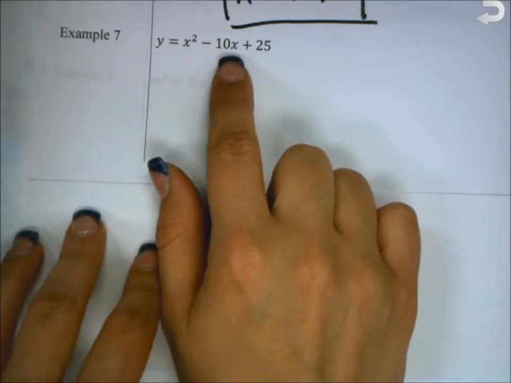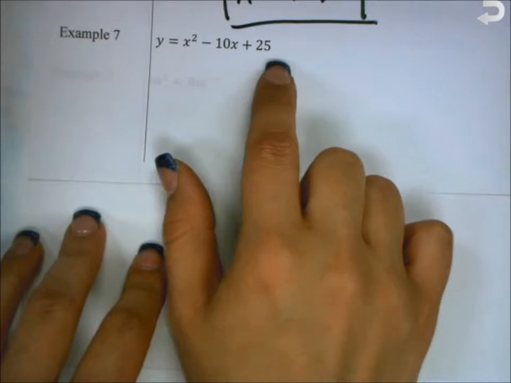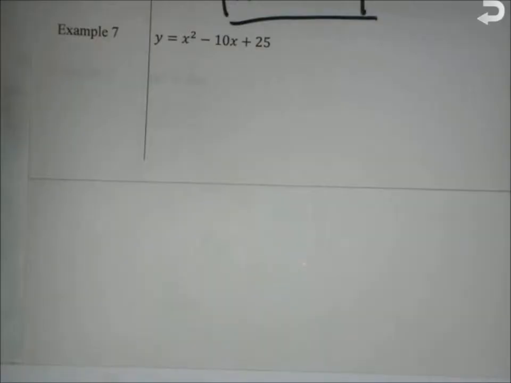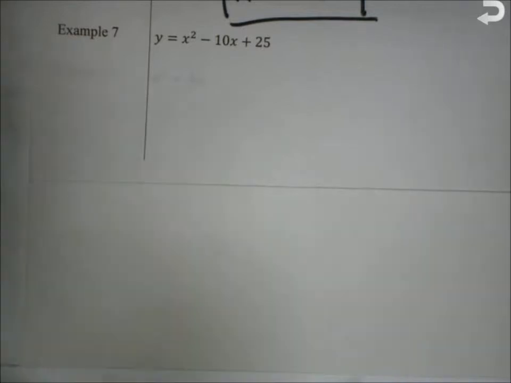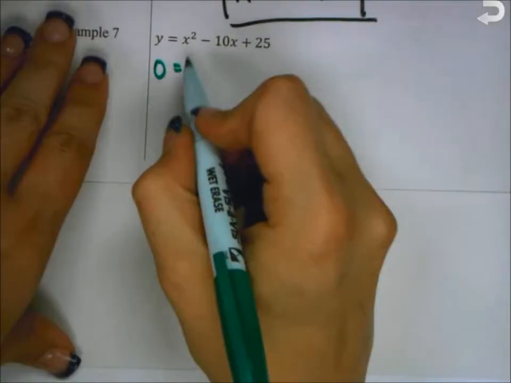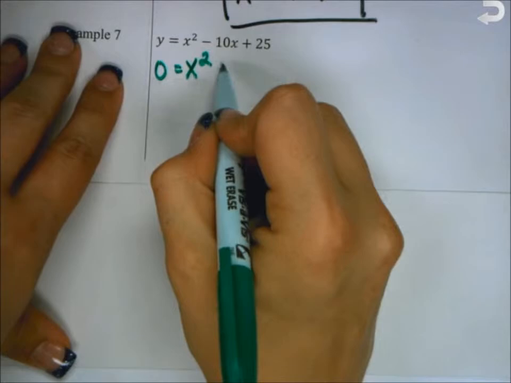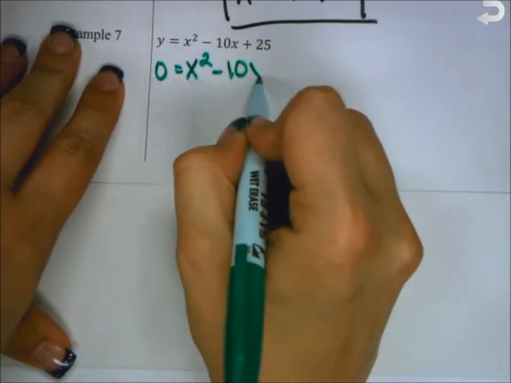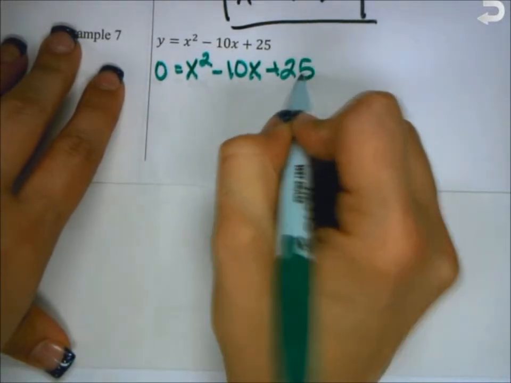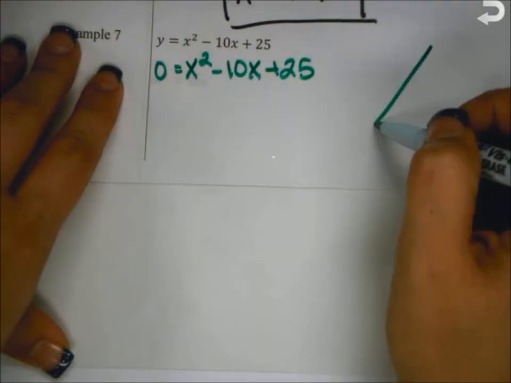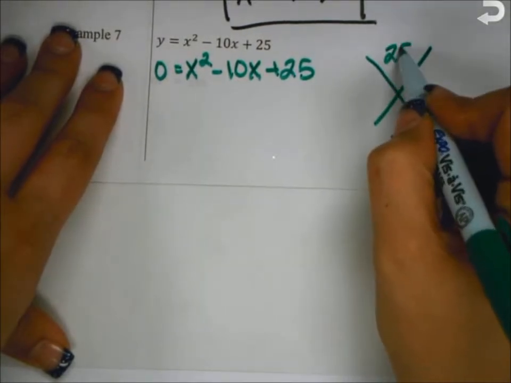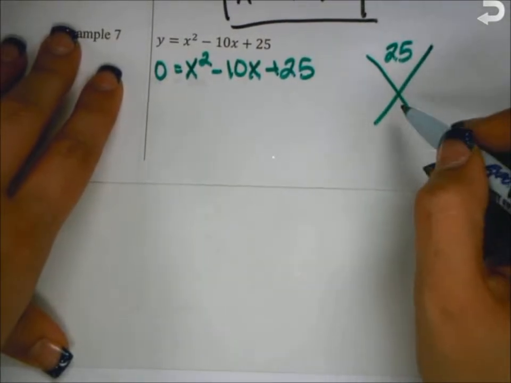Set y equal to 0. So I get 0 equals x squared minus 10x plus 25. Now I want to factor this, so I'm looking for the two numbers that multiply to 25 and add to negative 10, negative 5 and negative 5. So 0 equals x minus 5 times x minus 5.